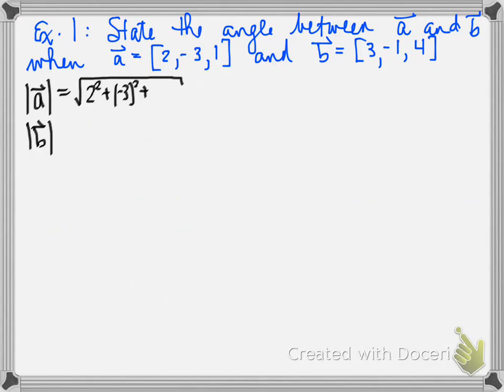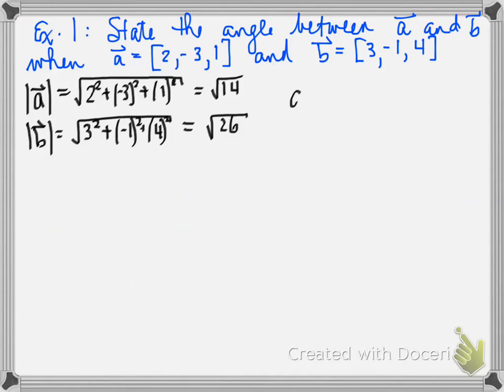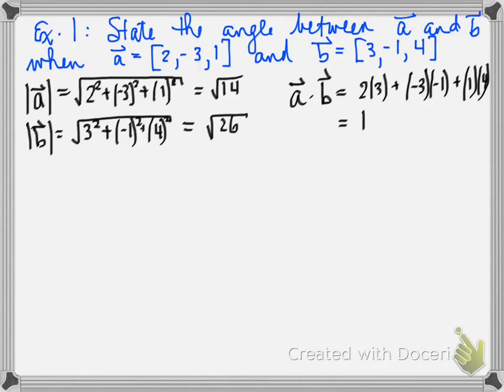In order to do that, it's important to take the formula that we just developed for cos theta and find the magnitudes of A and B, such that the magnitude of A is equal to root 14, the magnitude of B is equal to root 26, and we determine using the dot product the values that we're looking for.